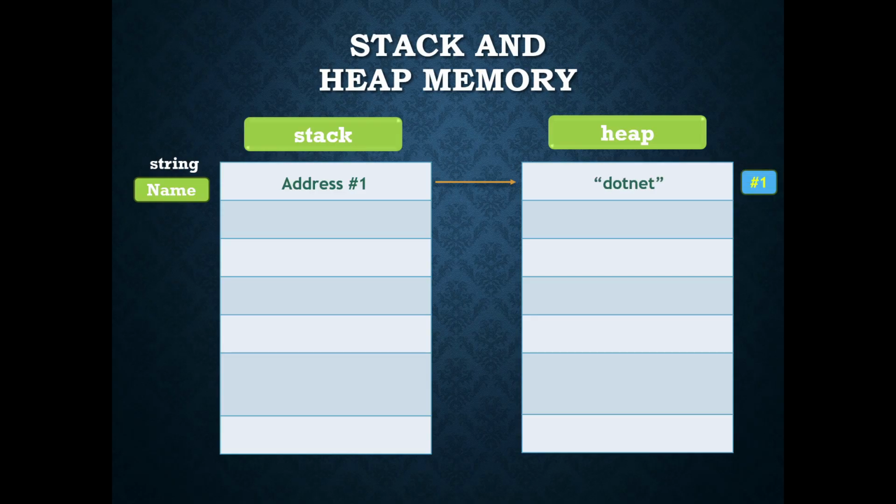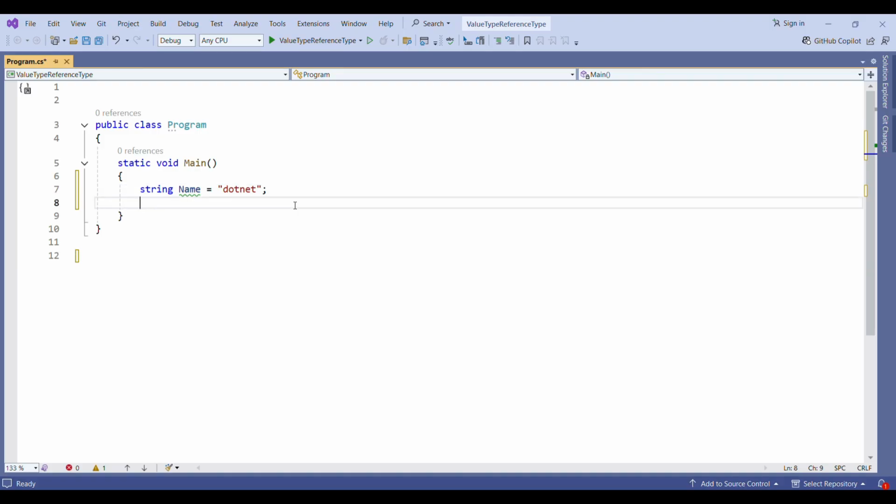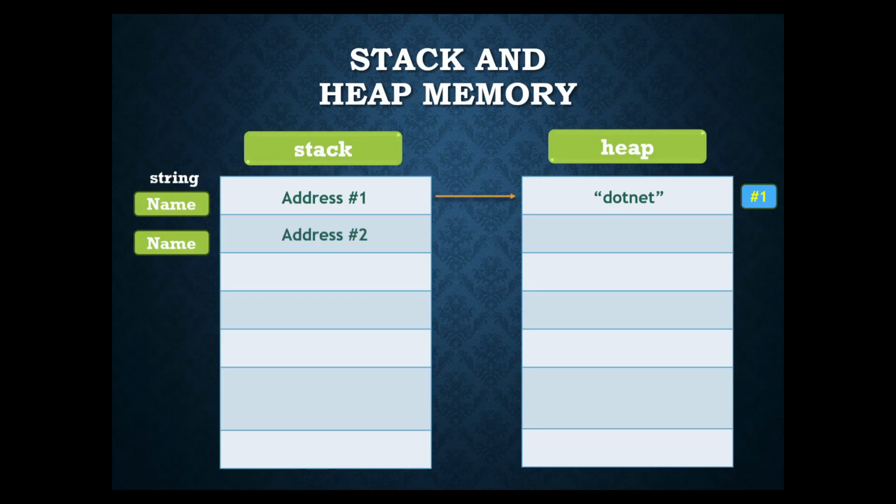That address refers to the heap memory. If you change the value of the string, name equal to .NET Core, the address is stored in the stack memory and the value is stored in the heap memory.